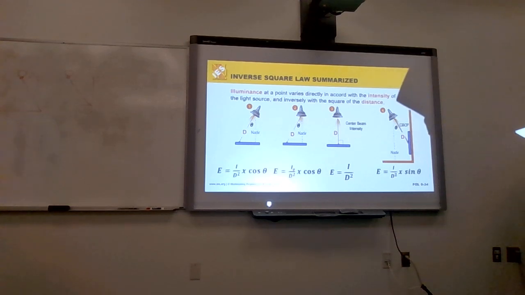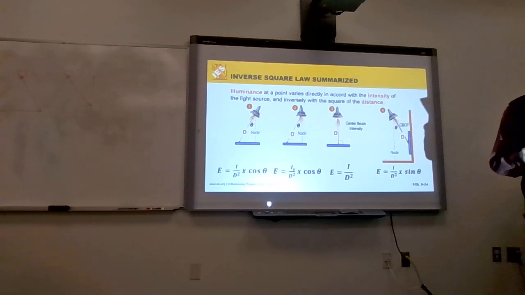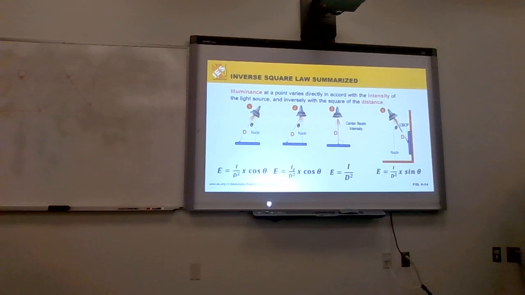The distance is 10, but the angle is now 45 degrees. And so we have to multiply the candle power, 6,000, divided by 100.